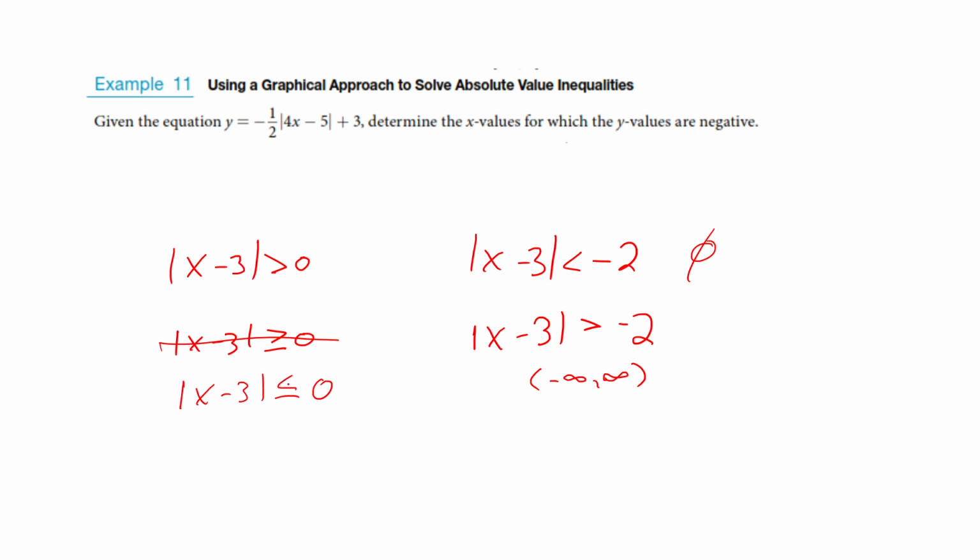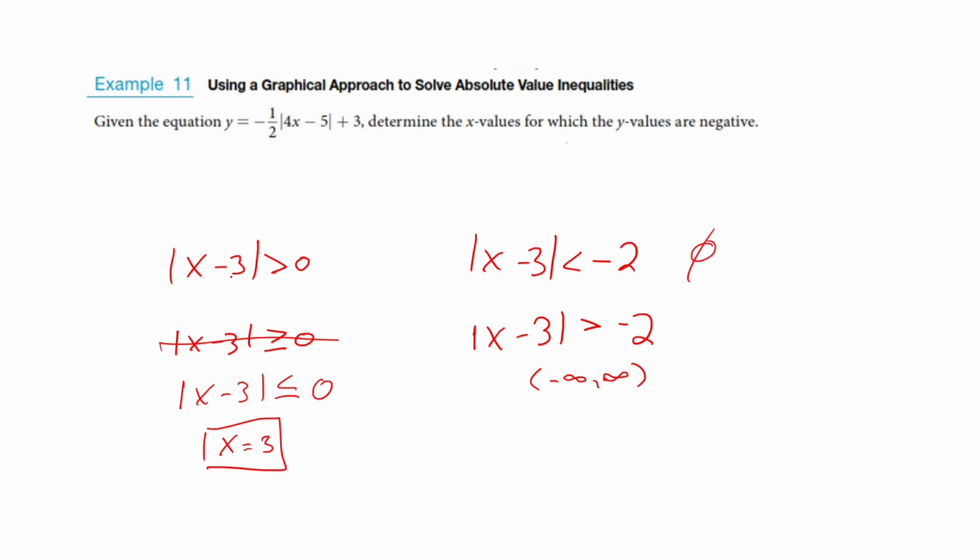You can never be less than 0, so that's not true. But you've got to be careful because you could be equal to 0. And the way that would happen is if x turns out to be 3. If I put 3 in here, doesn't this turn out to be 0? So this one can never create numbers less than 0, but it could be 0. So we get one solution.